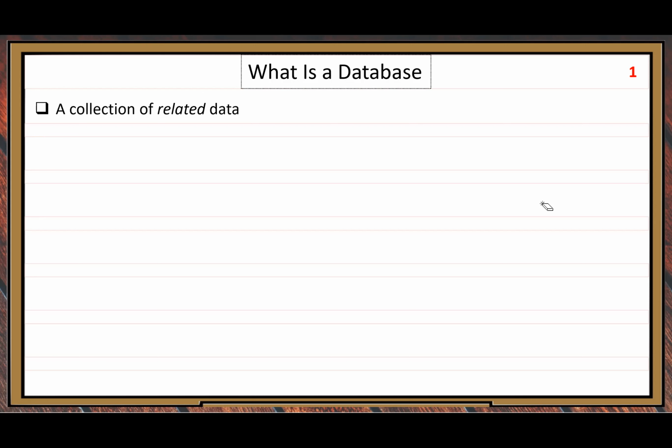Collection. Related. This word is important because later we will call this type of database a relational database. So here, you can see this word is very important. A collection of related data.